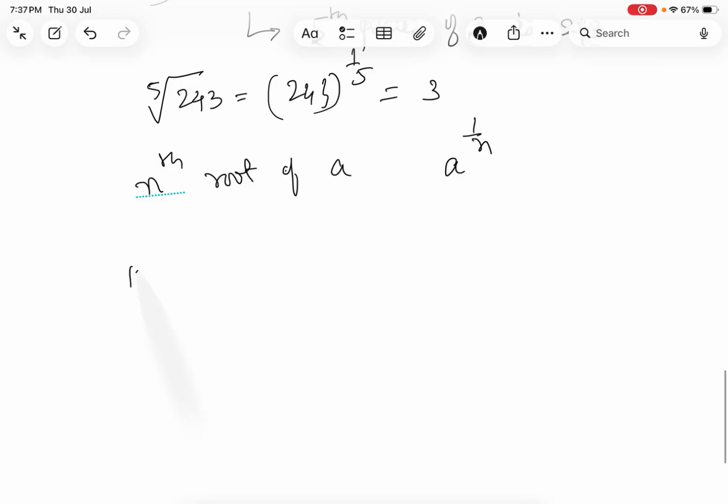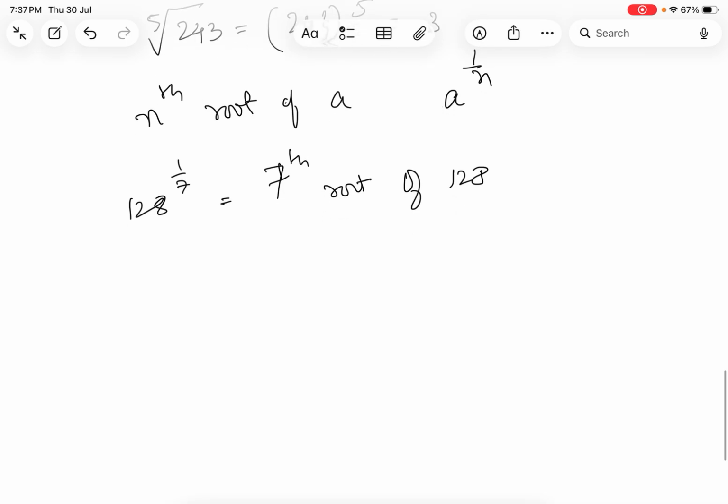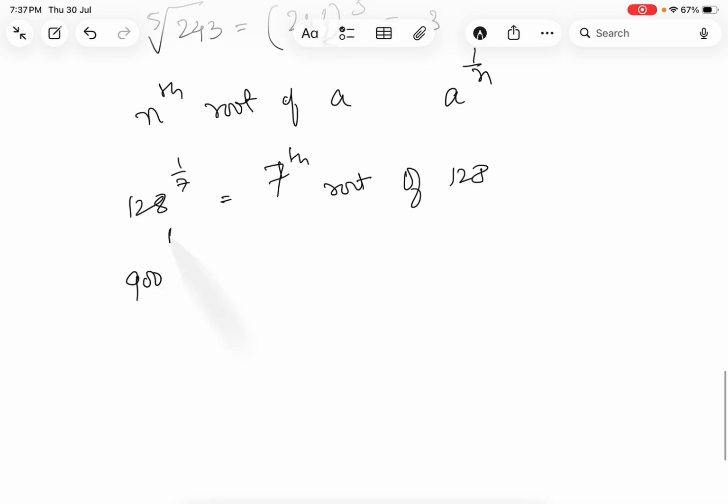If you have 128 raised to 1 upon 7, you can write it as the seventh root of 128. If you have 900 to the power of 1 upon 12, you can write it as the 12th root of 900, correct?